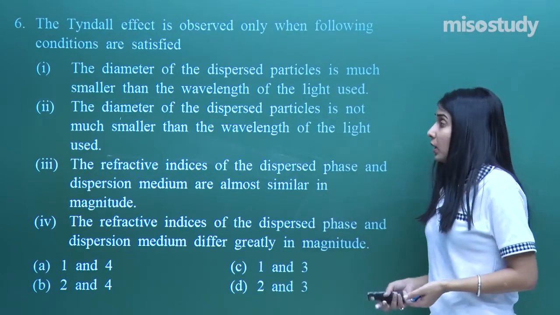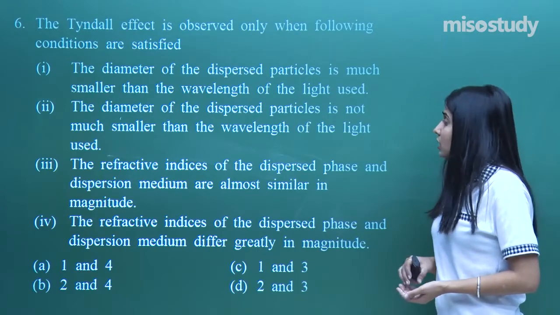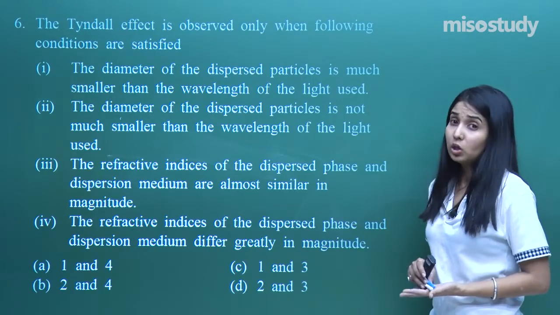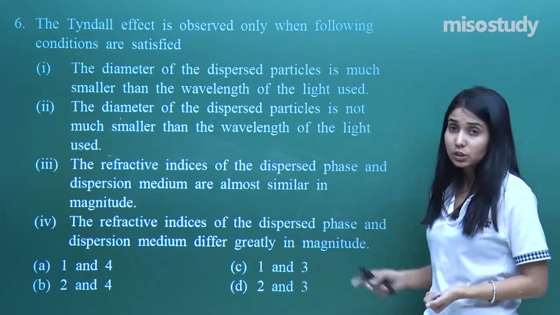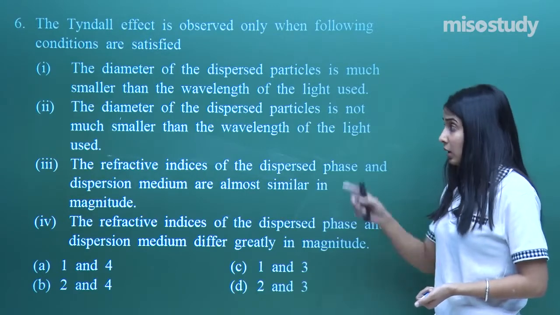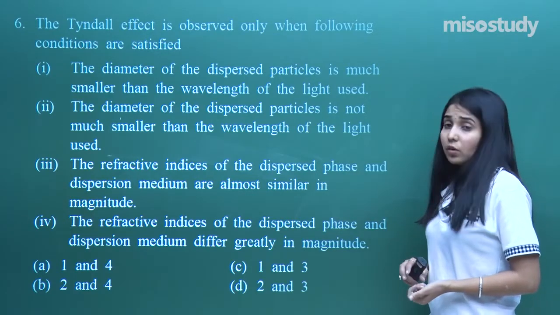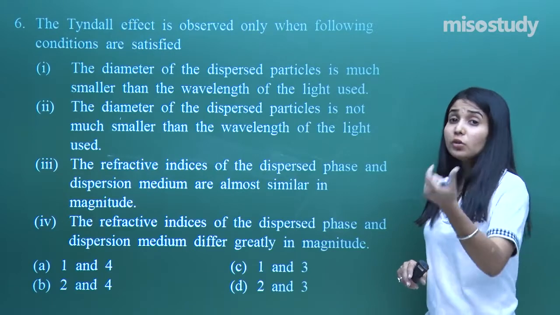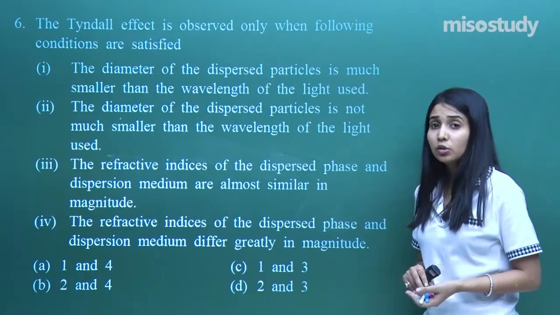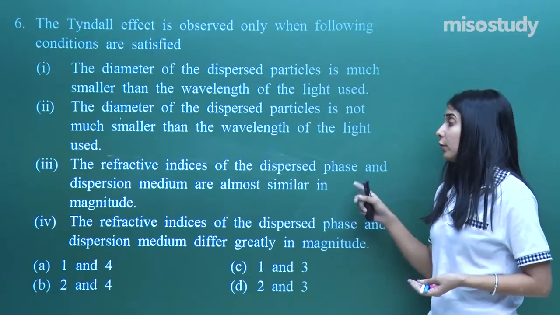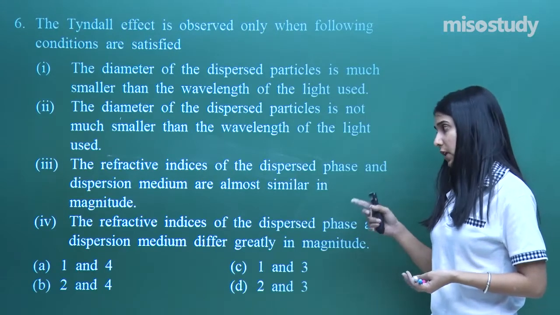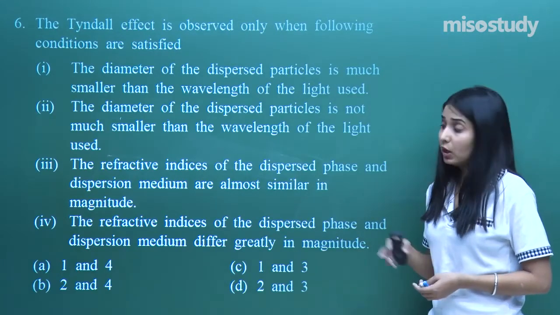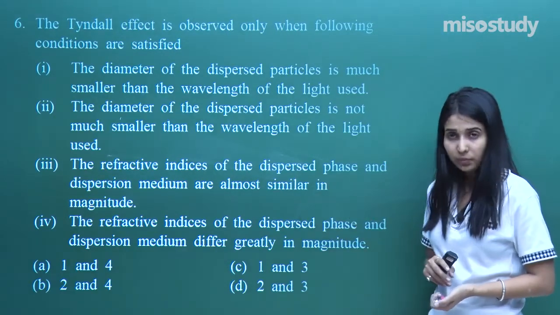What does it say? The diameter of the dispersed particles is much smaller than the wavelength of the light used, right? Then, the diameter of dispersed particles is not much smaller than the wavelength of light used, or the refractive indices of the dispersed phase and the dispersion medium are almost the same in magnitude, right?